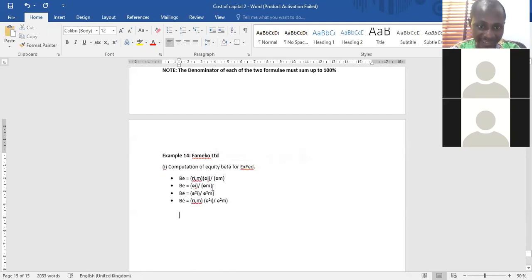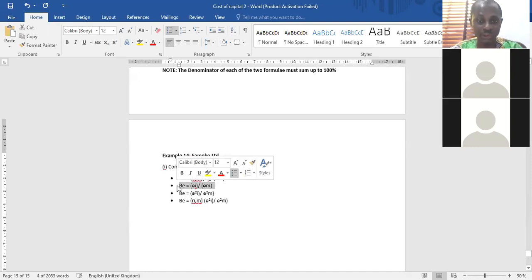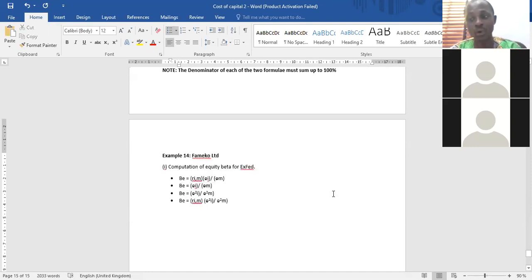The difference between the second formula and the first is that the first has correlation and the second does not. So if the question does not give you correlation but gives you standard deviation, this is what you use. If it's not possible to compute correlation, you just ignore correlation in your formula.